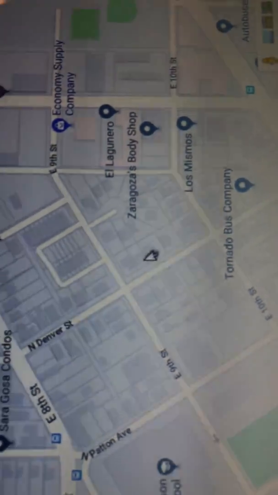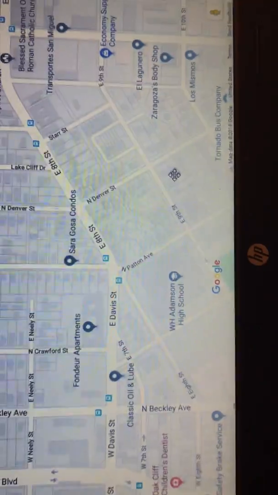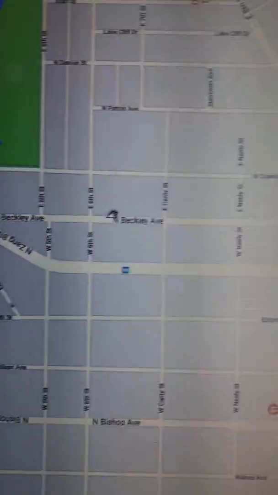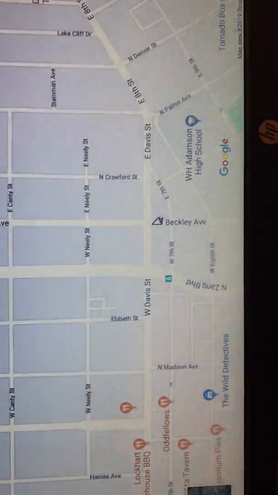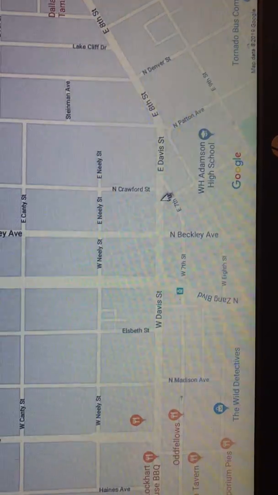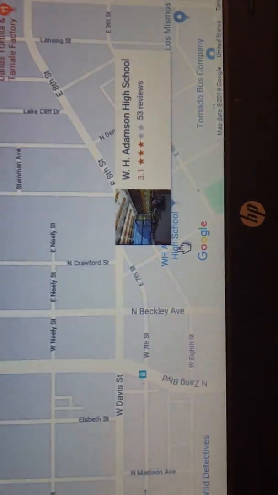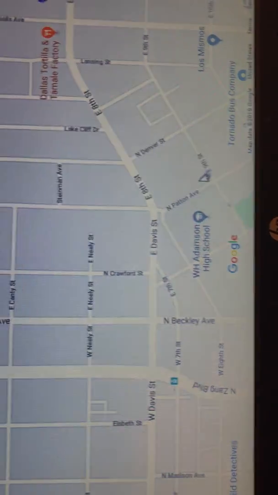You know, how does he get over here? How does he get to 10th and Patton? Right? They're saying that he comes down Beckley, right? He comes from the boarding house here, straight down Beckley, to Davis, and then takes this route here to 10th and Patton, right?